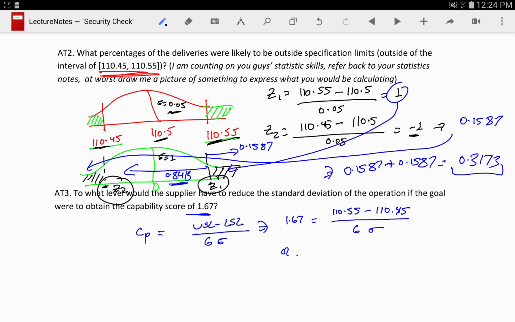Well, if you solve this, 1.67 equals 0.1 divided by 6 sigma.